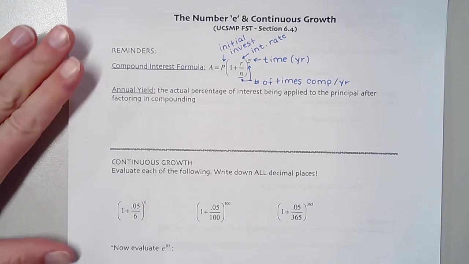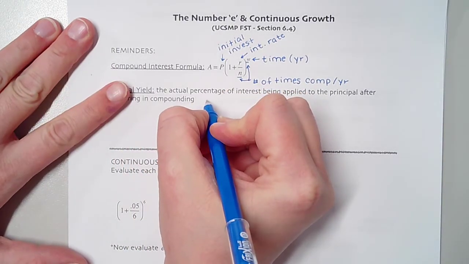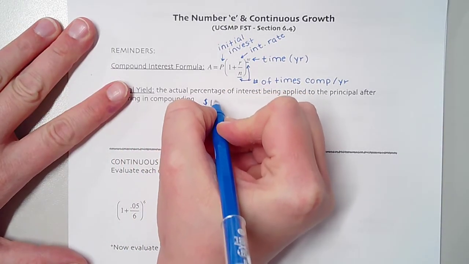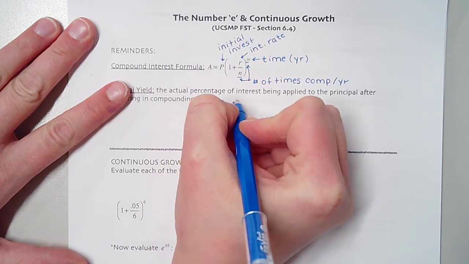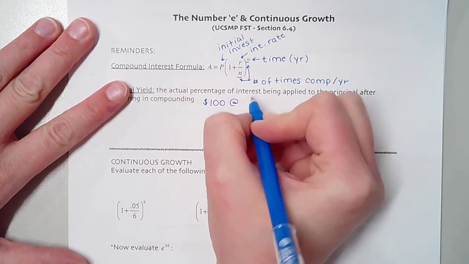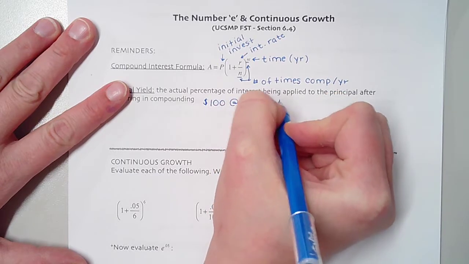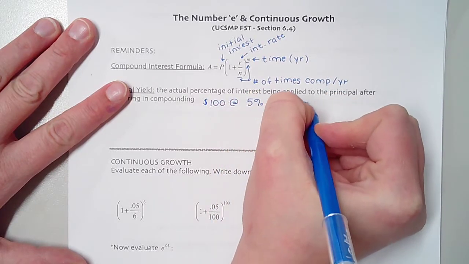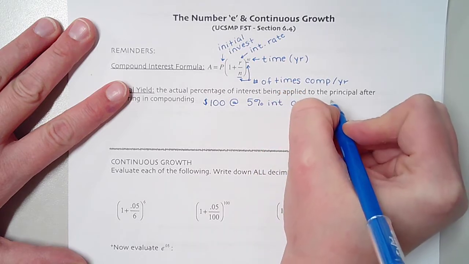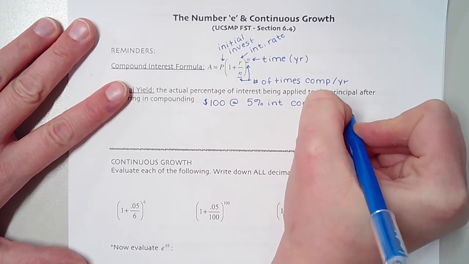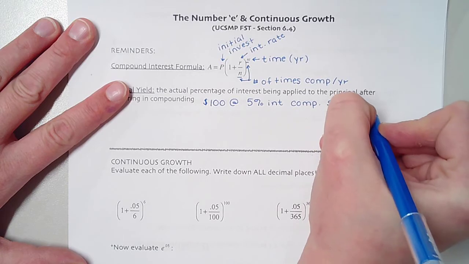So let me just give you an example. Let's say that I'm investing $100 at 5% interest, compounded semi-annually, which semi means like half. So that you're getting it halfway through the year and then at the end of the year.